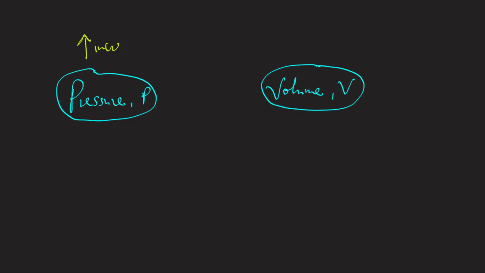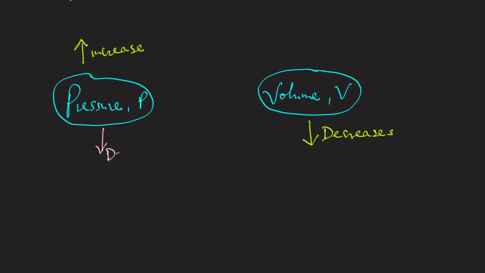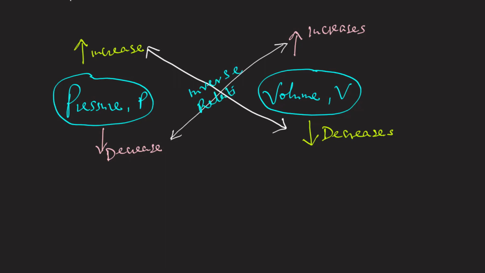Boyle's Law can be expressed in mathematics. Because we have said that if you increase the pressure, the volume decreases, and when we decrease the pressure, volume increases, this relationship is an inverse relationship.